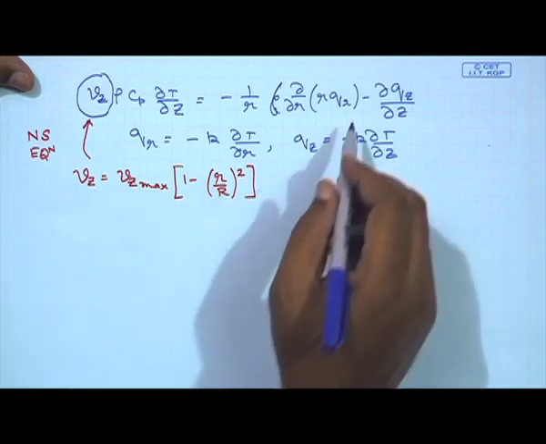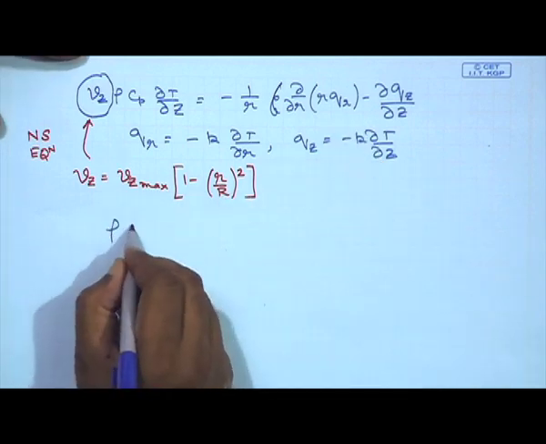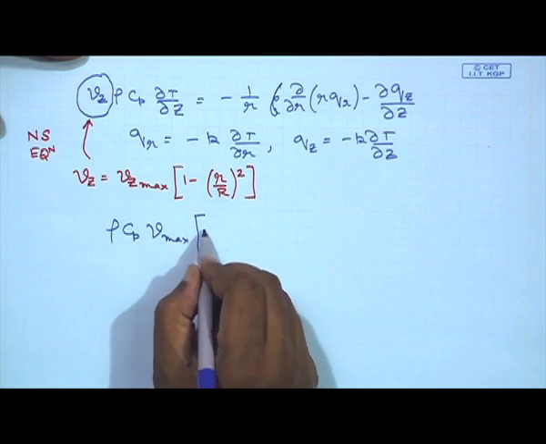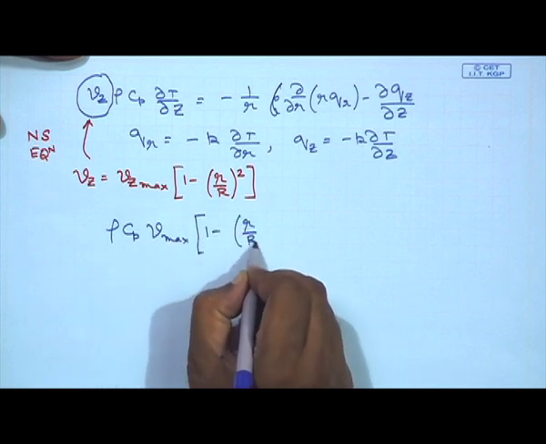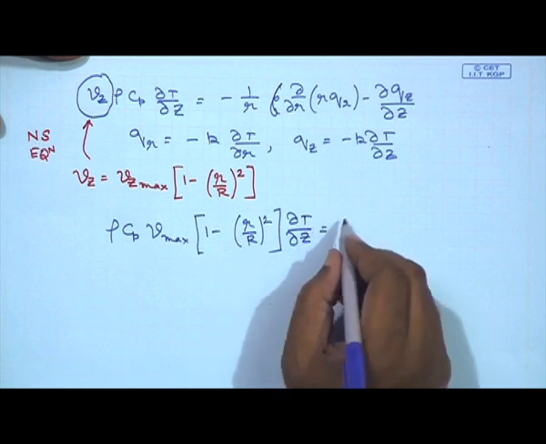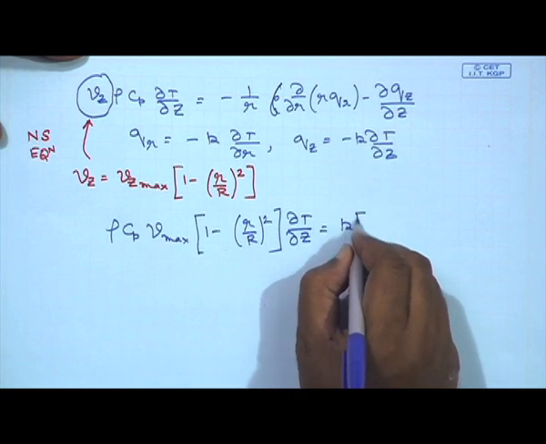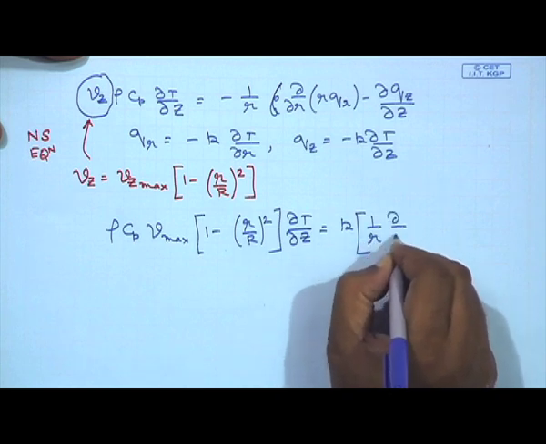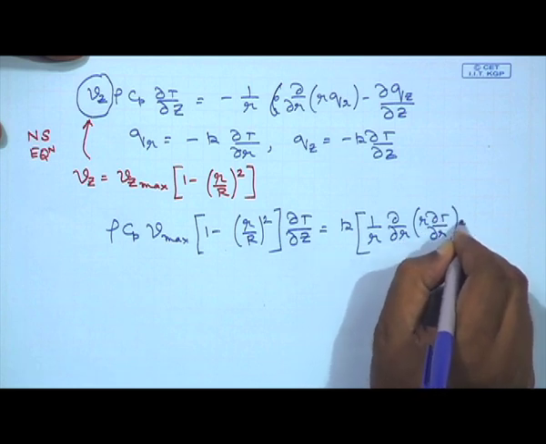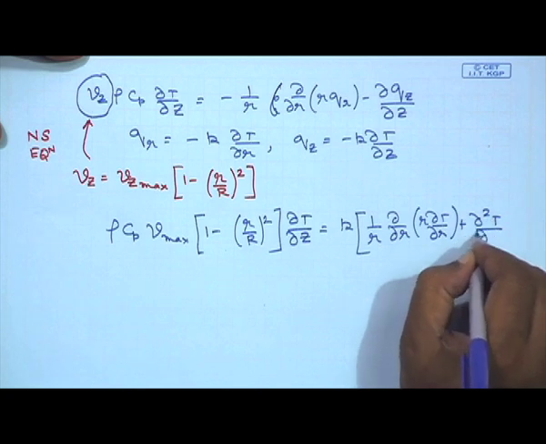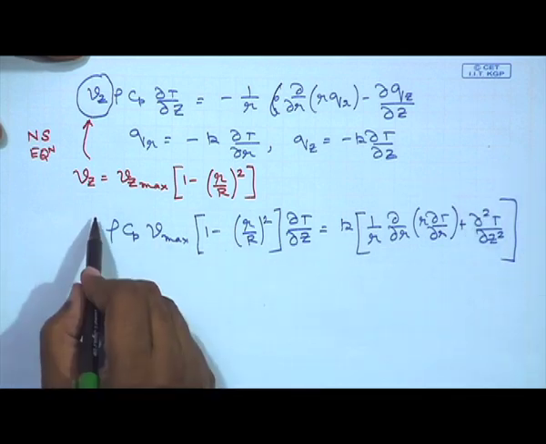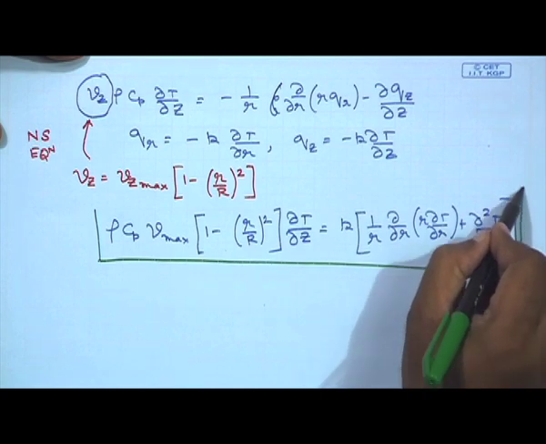Then what you would obtain as the final form of the solution is rho Cp V max, which will obviously be at the central line, times 1 minus small r by capital R whole square times del T del Z, equal to k times 1 by r del r of r del T del r plus del 2T by del Z square. So, this therefore now becomes my governing equation.